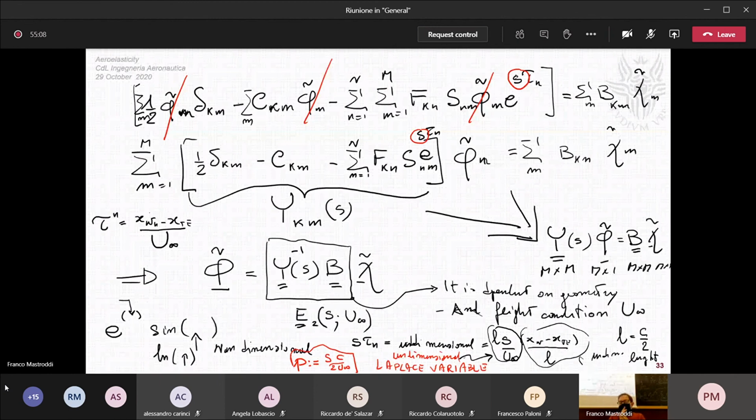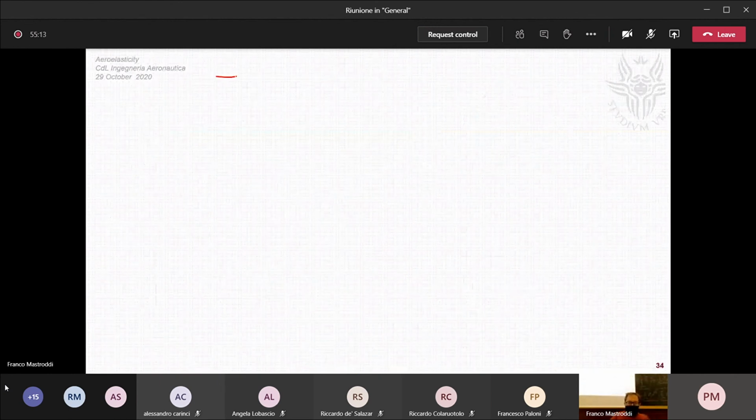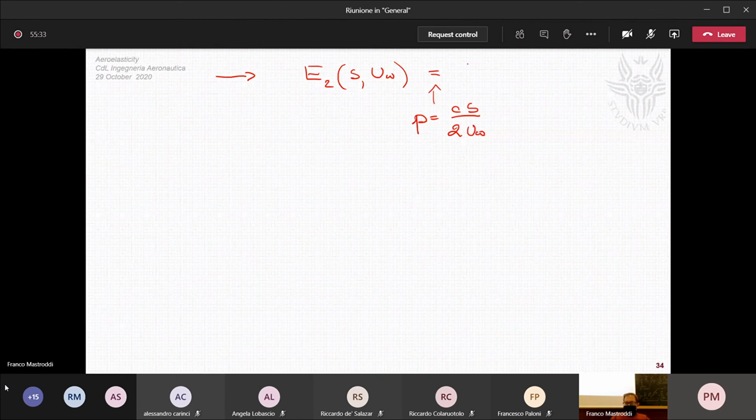Now, in this case we have that our transfer function E2 is a function of S and U infinite, but if you introduce this nondimensional variable, S C by 2 U infinite, this function is a function of P only. The dependency on U infinite is absorbed by this nu. Okay?